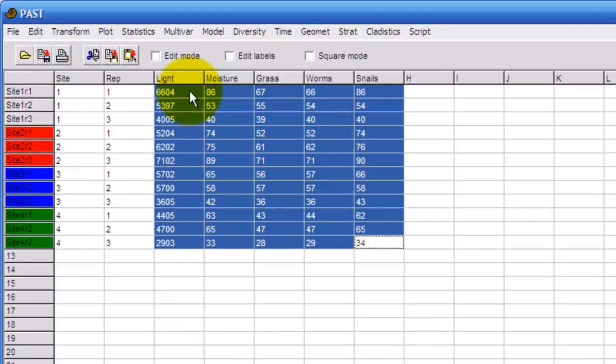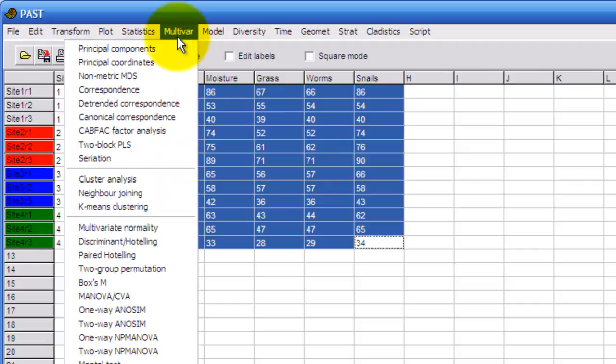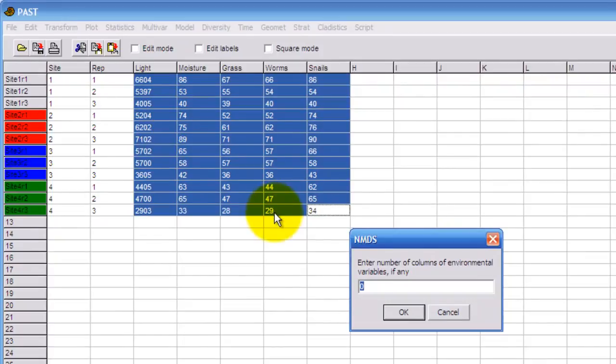Now, I said earlier normally we would do MDS for the biota, so that's what I'm going to do now. It's the last thing in this video. Multivar down to non-metric MDS, and number of environmental variables 3. Now, if I don't select the environmental variables, I can just do the biota on its own.